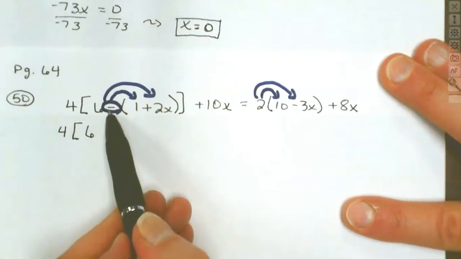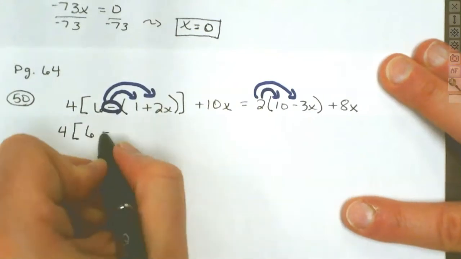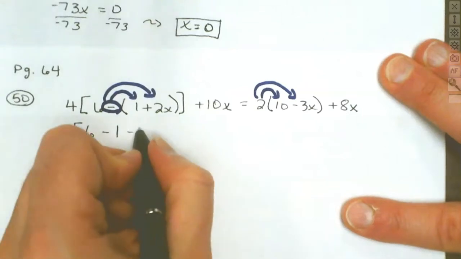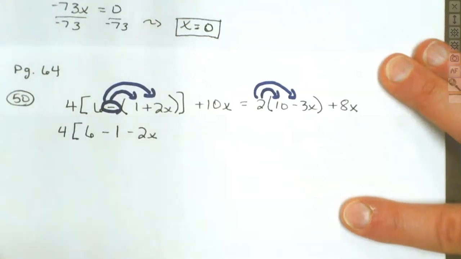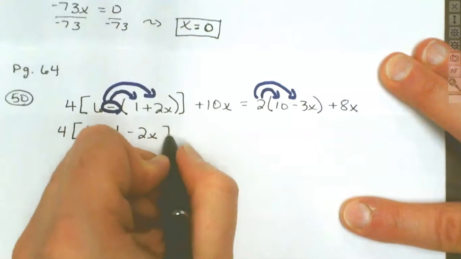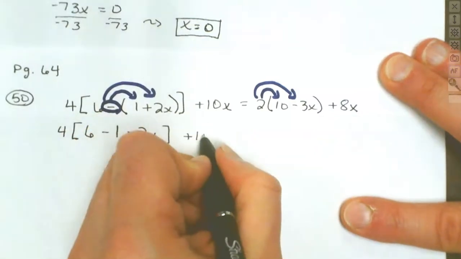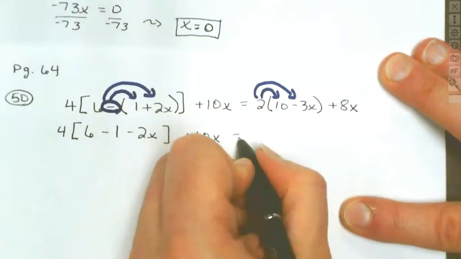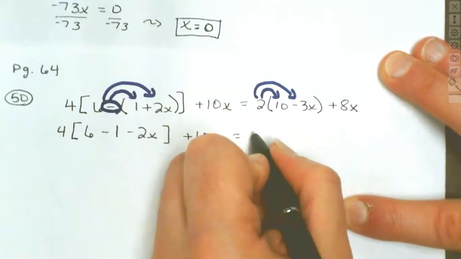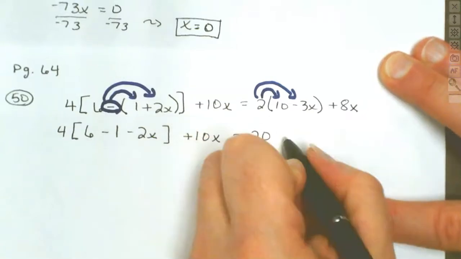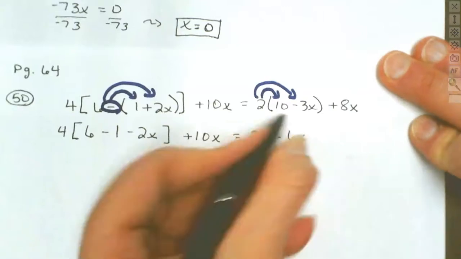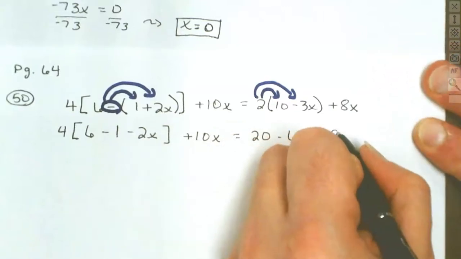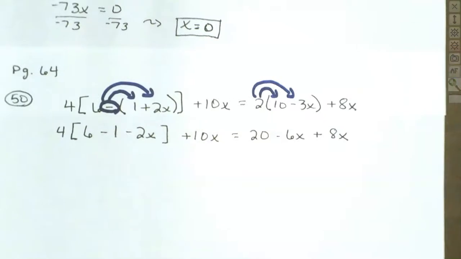Now distribute, push through that negative, so that's going to make it a minus 1, minus 2x here, then plus 10x, and that equals, distributing that 2 through, 20 minus 3x plus 8x. Make sure you take your time and write everything down correctly here. It's very easy to make a mistake. We don't want to do that.